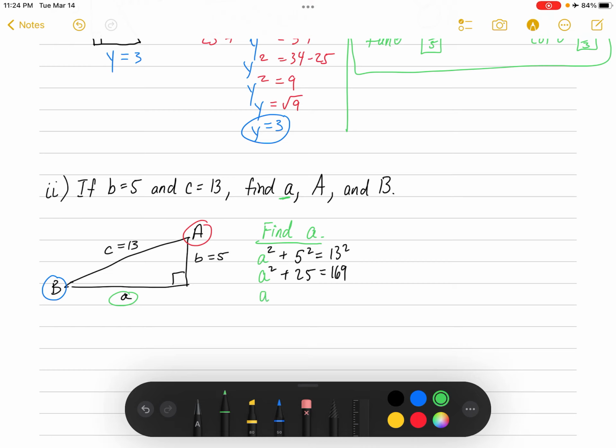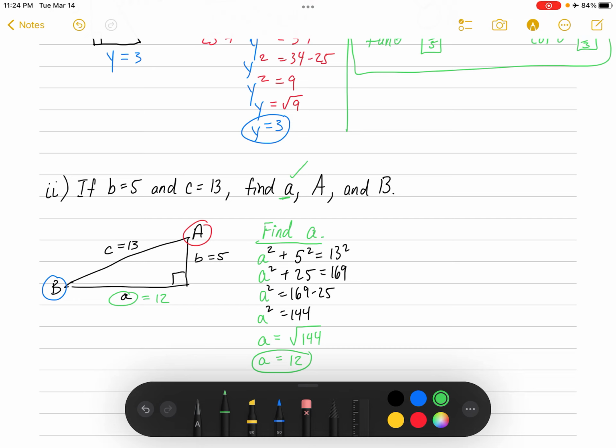If I subtract 25 from both sides, I get 169 minus 25 on the right. I get a squared equals 144, and I take the square root of 144. Just the positive root, right? We only want the positive root because we're talking about lengths. Lengths are only positive, so a is 12 here. So I got a.